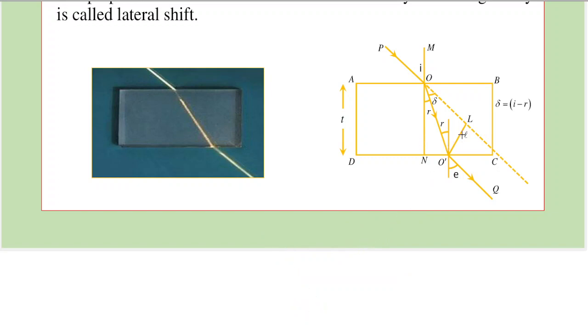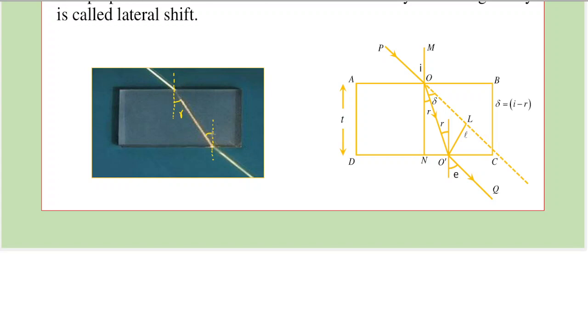So here we need to find what O dash L is. Looking at the slab, this is the normal at this point and this is the normal for this surface. This angle is R. If you observe carefully, these two are parallel lines and the light ray is a transversal.